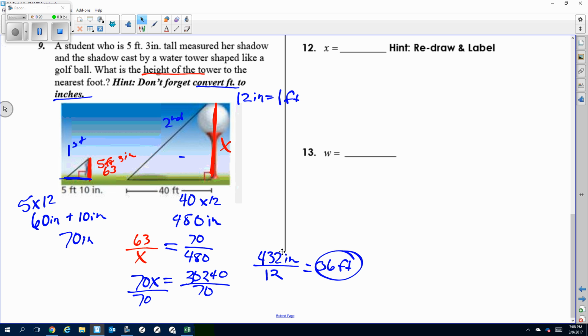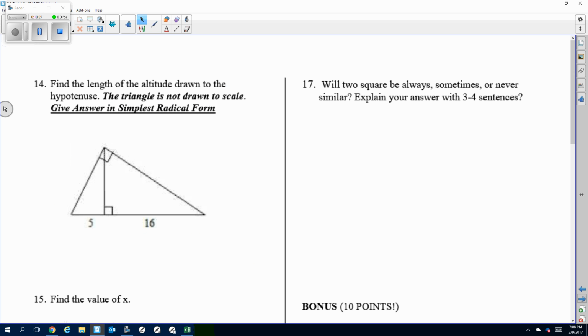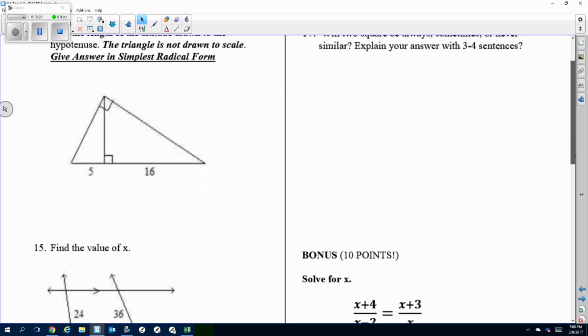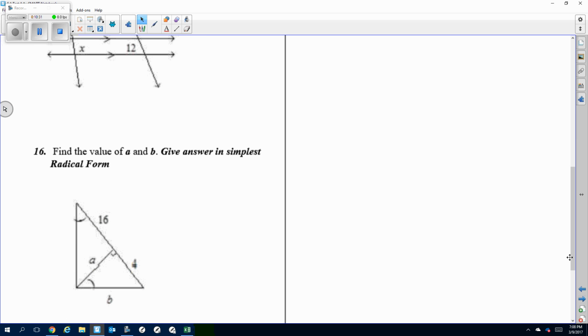And then our last type of problem on the retest is on the last page, number 16. Now, most of you did well on number 15 because you saw heartbeat, and this is going to be heartbeat too. It's just on the side.